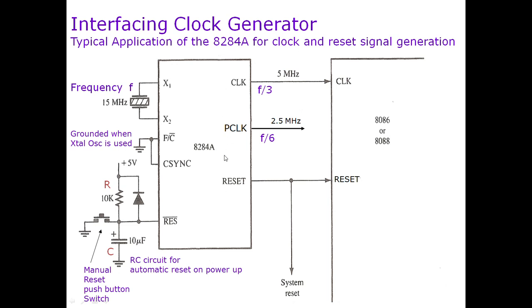This clock generator generates the clock signal, and that clock signal is then connected with the clock pin, which is the input pin of the microprocessor. The clock generator is also connected with the reset pin of the microprocessor. So this is the external clock generator that generates the main clock signal to synchronize the activities of the Intel 8086 and 8088 microprocessors.